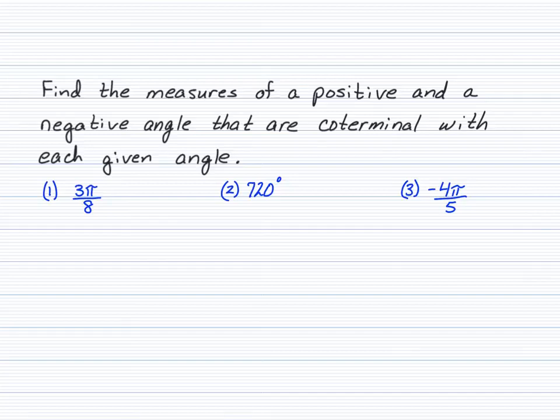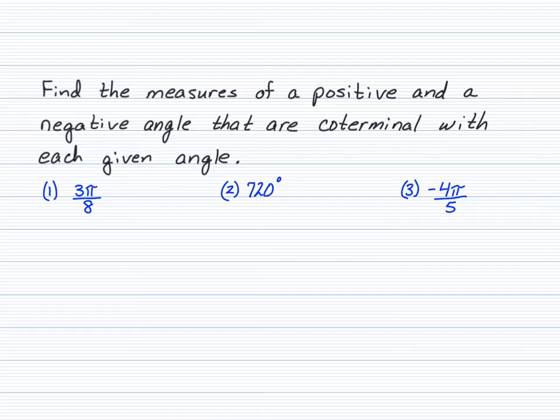All right, so the next question is saying to find the measures of a positive and a negative angle that are coterminal with each given angle. So coterminal angles have the same initial side and the same terminal side, and the way that you get a coterminal angle is by adding or subtracting multiples of 360 degrees.